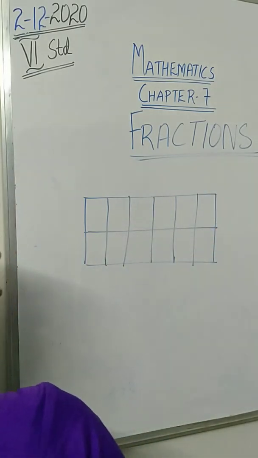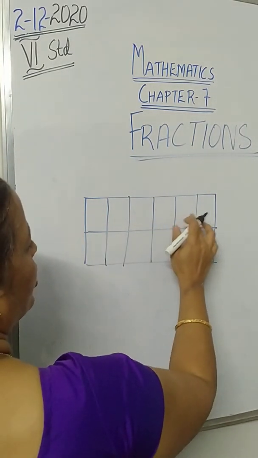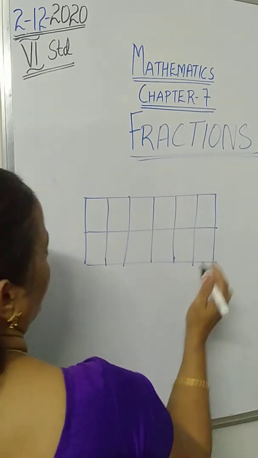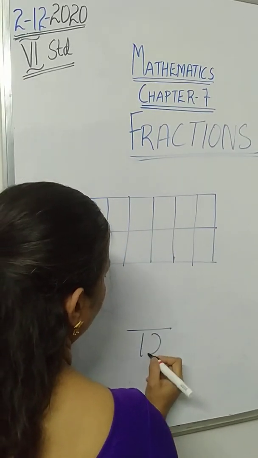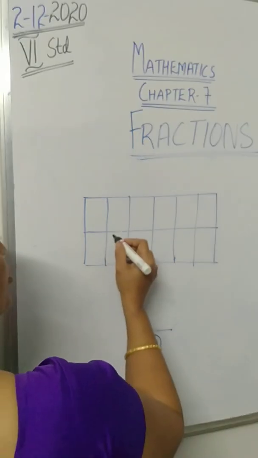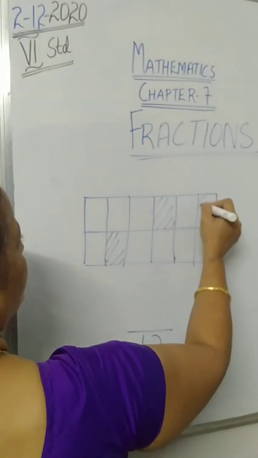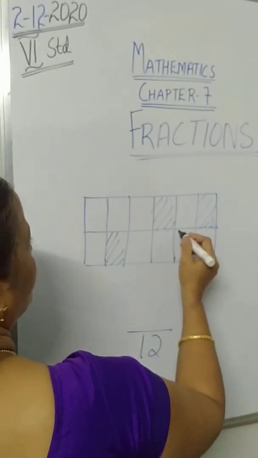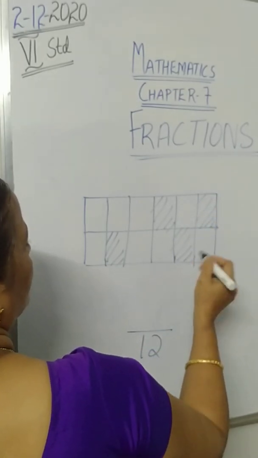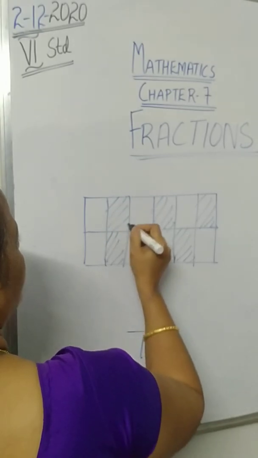So totally it has how many parts? 1, 2, 3, 4, 5, 6, 7, 8, 9, 10, 11, 12. It has 12 parts. Out of that, I am going to shade some of the parts. It should always be divided into equal parts.